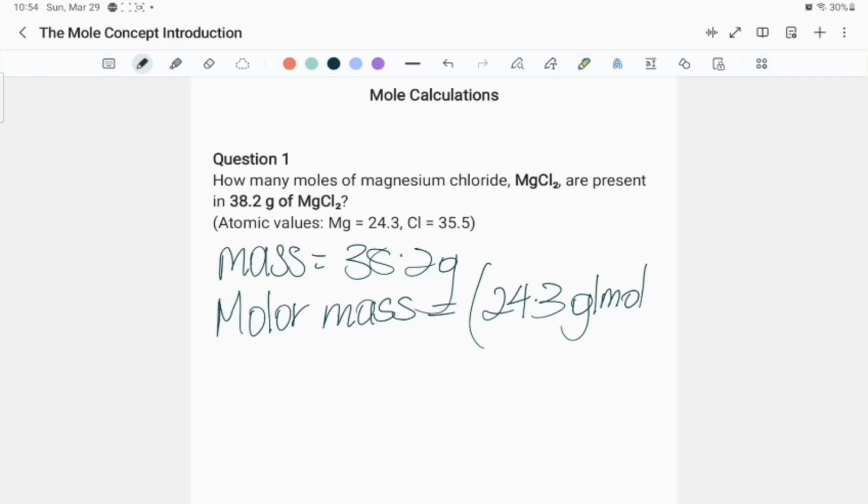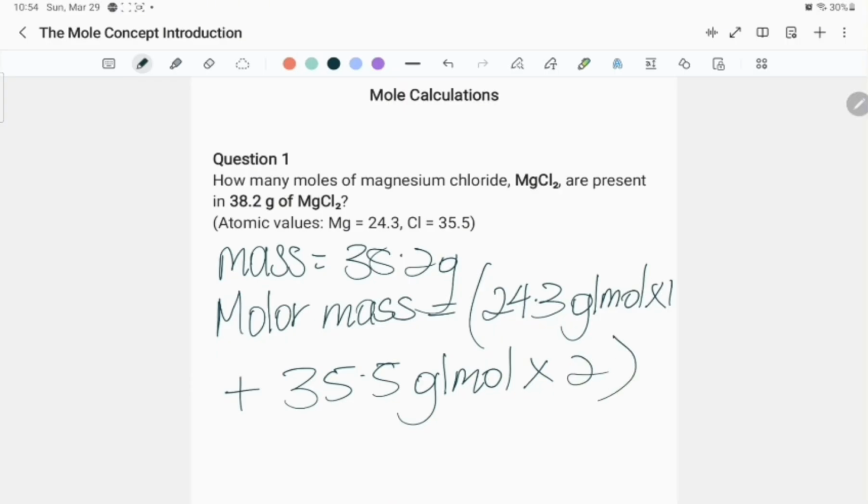So it is 24.3 grams per mole times the amount of atoms present in that compound, which is 1, plus chlorine, which is 35.5 grams per mole, times 2. If we plug all this into the calculator, we're supposed to get 95.3 grams per mole. Good.